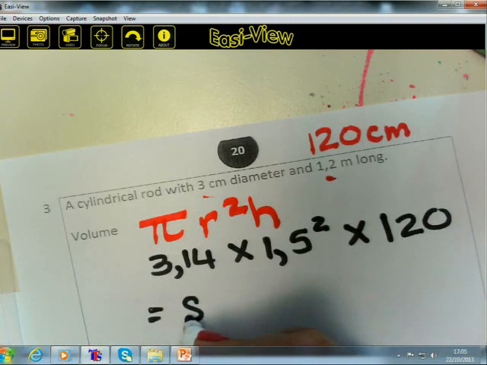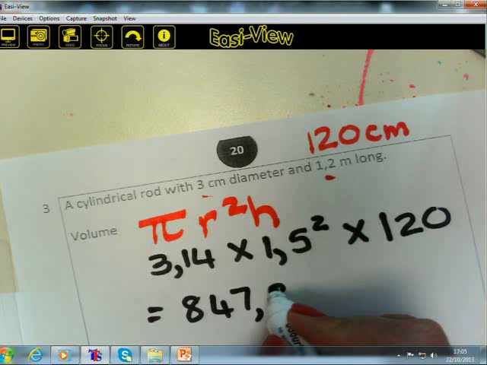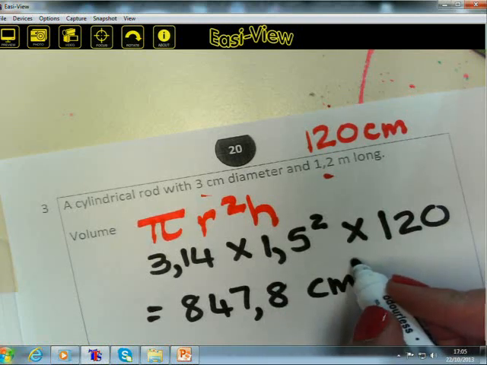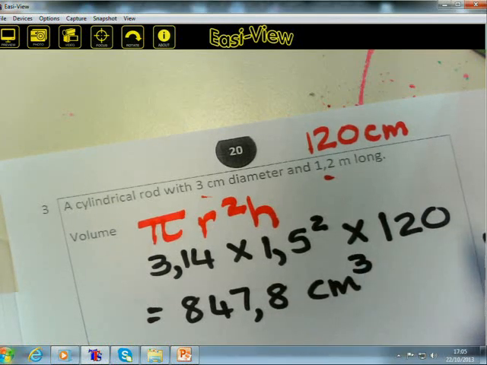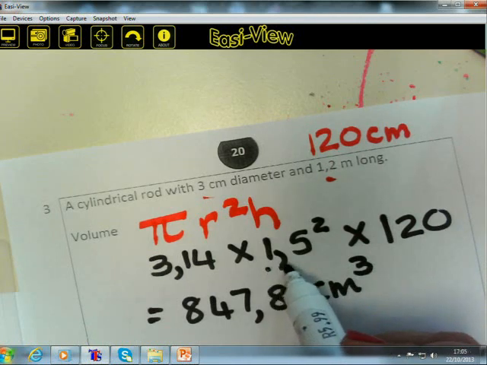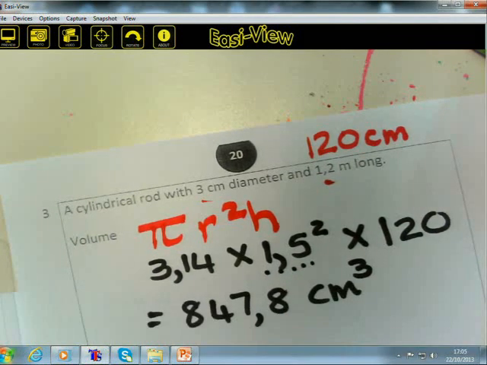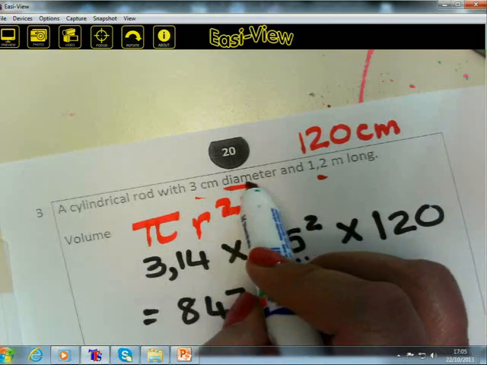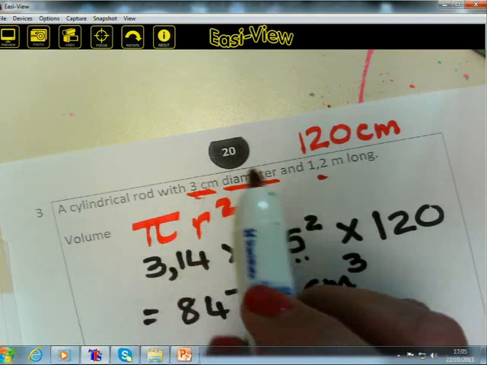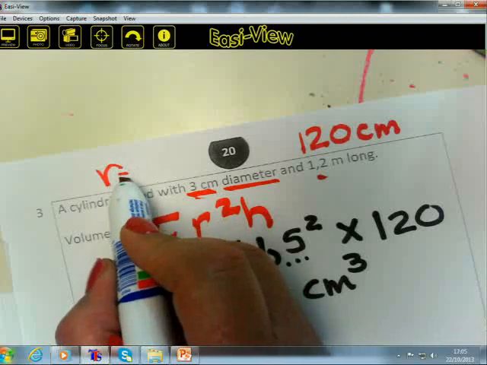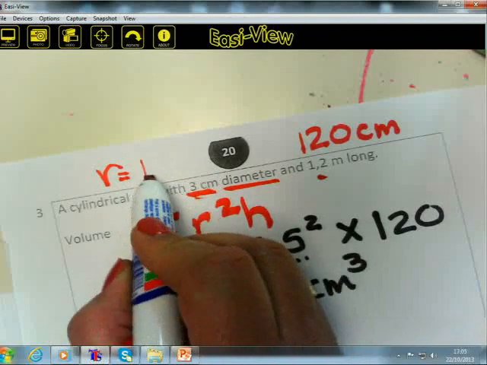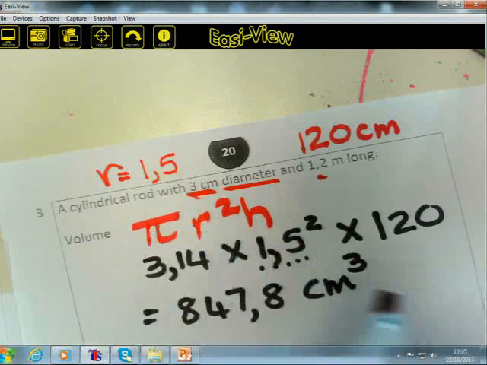And the answer there is 847,8 centimeters to the power of 3. Now, where did I get this 1,5? Can you see there was a red light there? Diameter is 3. So radius is 3 divided by 2, 1,5.